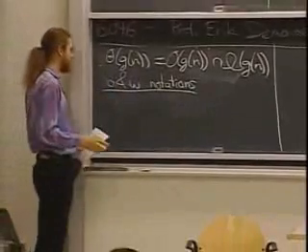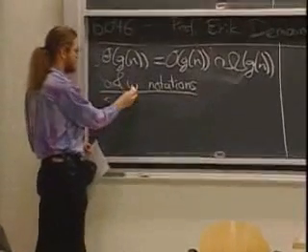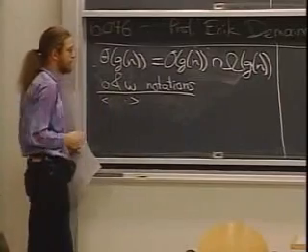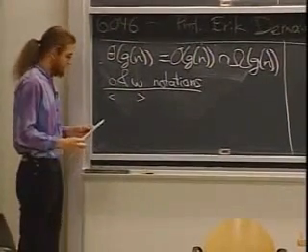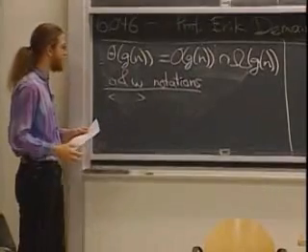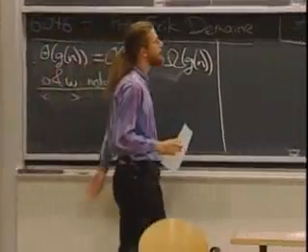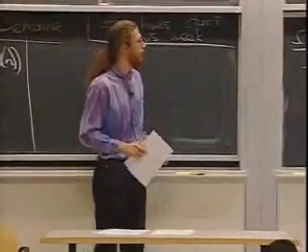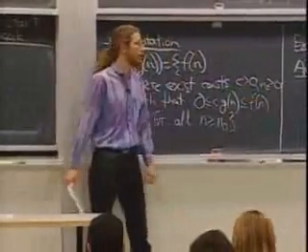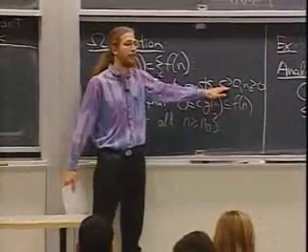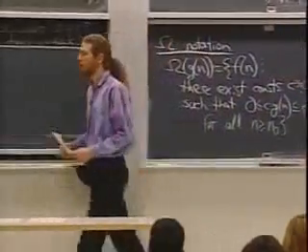Little o is going to correspond roughly to less than, and little omega is going to correspond to greater than. This is notation you'll just have to get used to. And I'm not going to define it precisely here because it's almost exactly the same. The difference is that instead of saying there exist constants c and n naught, you have to say for every constant c, there exists a constant n naught.